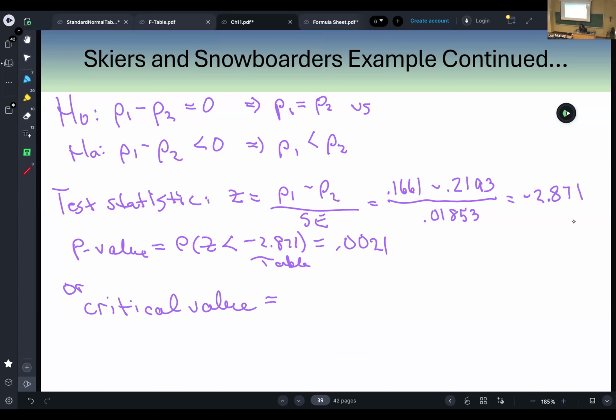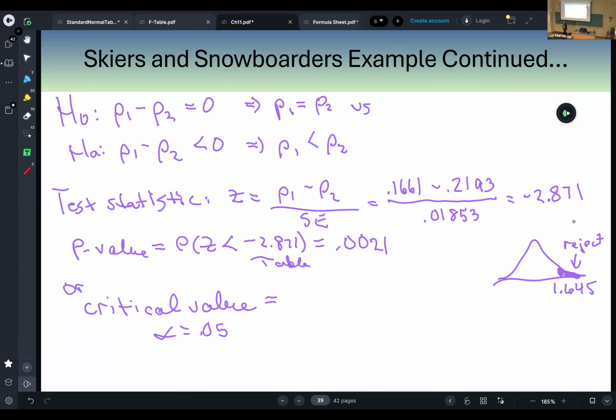It was 0.0021. We could also do it the other way, the critical value. The critical value with alpha equals 0.05, you would want the 95th percentile. This is the rejection region over here. So the 95th percentile ends up being 1.645. You can look that up too. It's a reverse lookup.